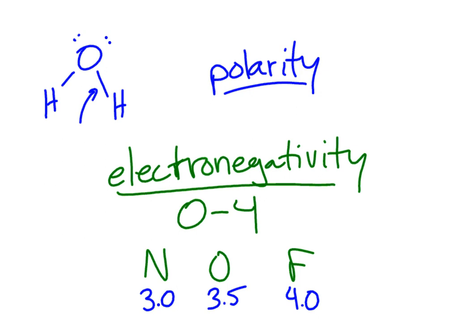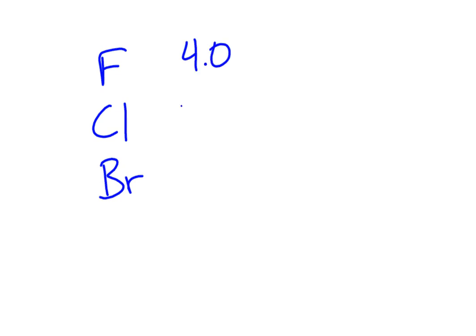As I go down a group, let's take fluorine, chlorine, and bromine. They all happen to have 7 valence electrons, so they're going to really want that electron. But as I go down a group, my electronegativities are going to decrease.